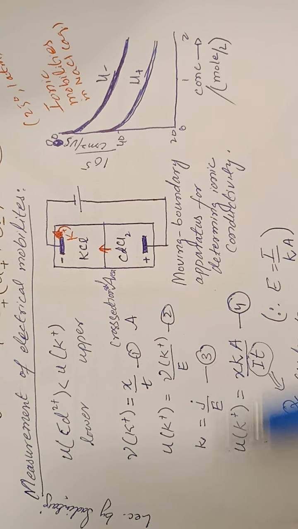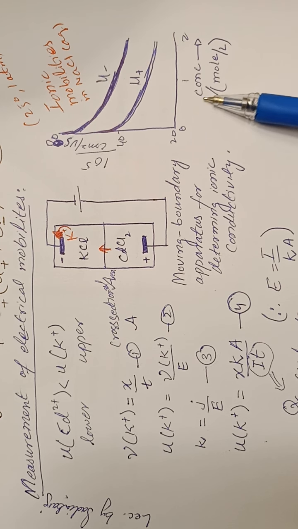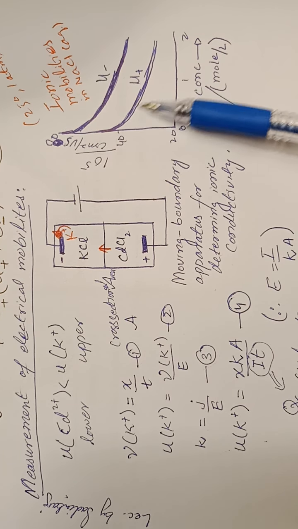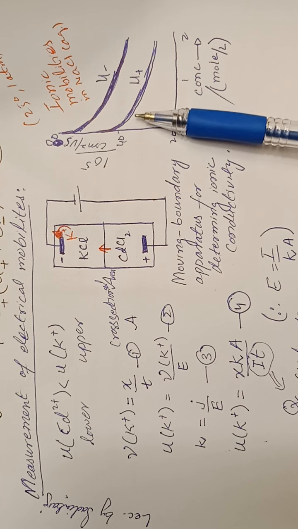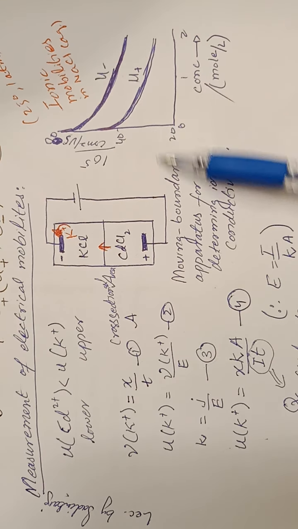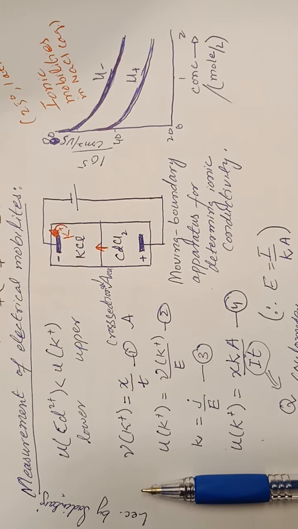So using the plot given here, we can measure the experimental electrical mobility or ionic mobility that is extrapolated to infinite dilution for ions in water at 25 degrees centigrade. So let's see some examples.